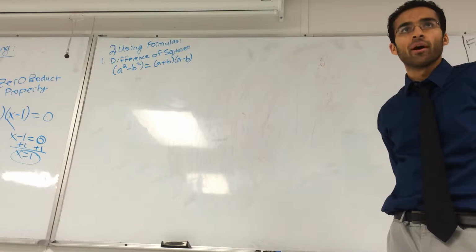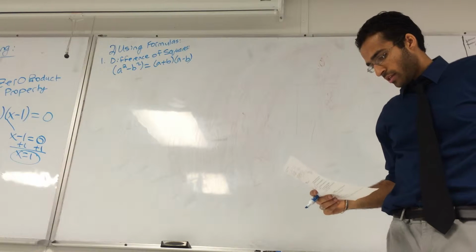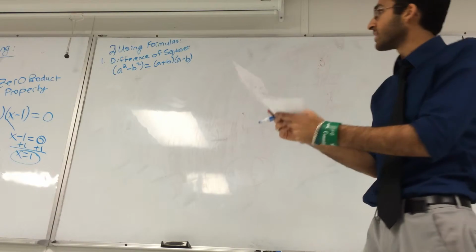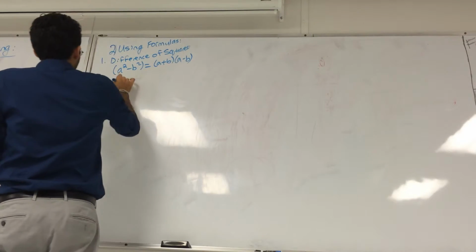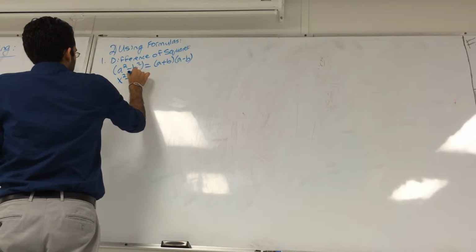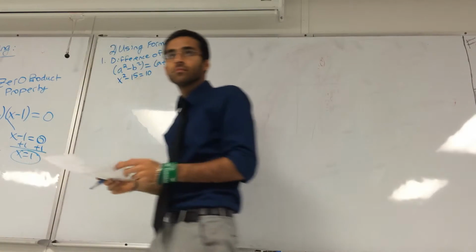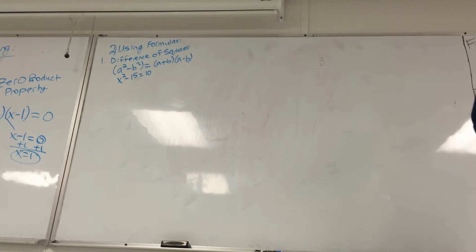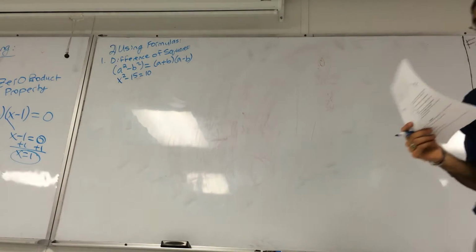Let me give an example of a problem where this works. So if we look under part 2, the third problem in that top box says x squared minus 15 equals 10. And they want me to find the roots. So I'm going to factor first, then I get the roots.